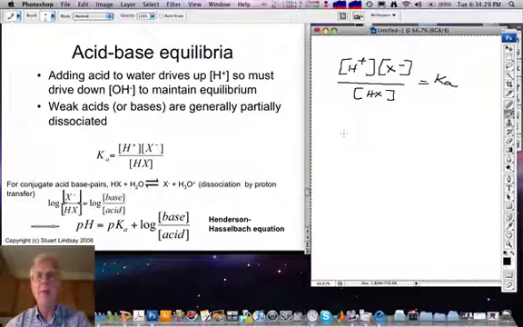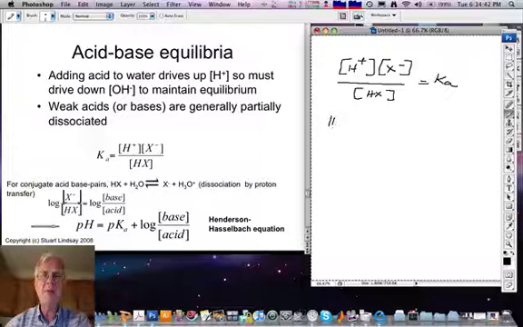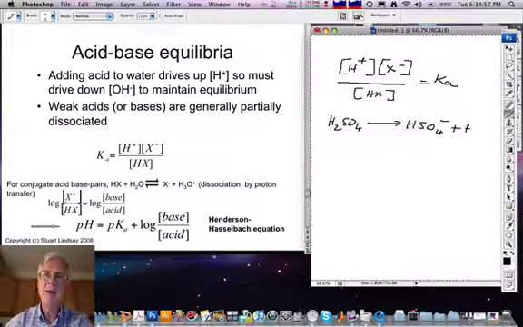can be understood particularly easily for the case of conjugate acid-base pairs. Let me give you an example of a conjugate acid-base pair. For example, sulfuric acid, H2SO4, the molecule, can dissociate into HSO4 minus plus H plus.